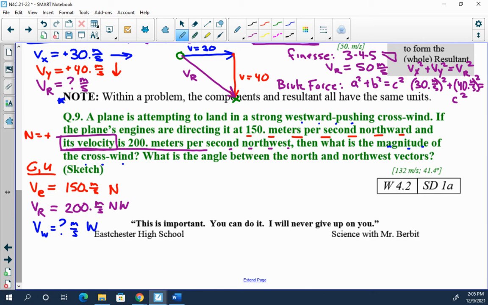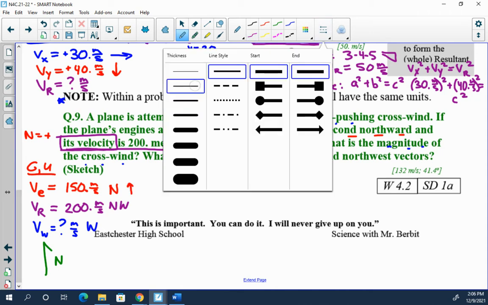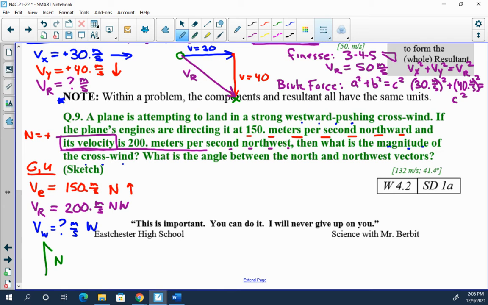If you draw your arrows, it makes your life much easier. Let's call toward the top of the page north. And if that's the case, you know that this arrow will be up toward the top. The resultant arrow will be northwest, which is up and to the left. And the wind arrow will be left or west.